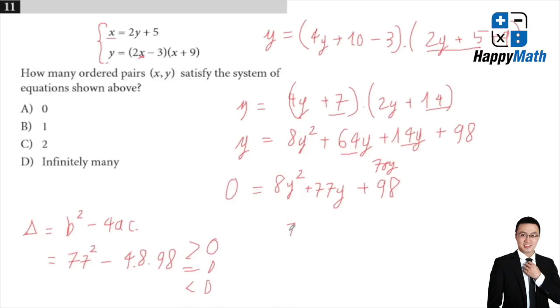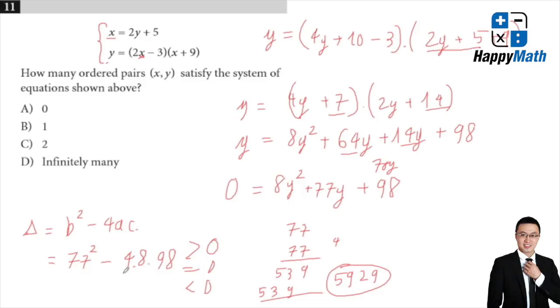Okay, let's calculate. 7 times 7, 9. You got 9, 2, 9, 6, 5.